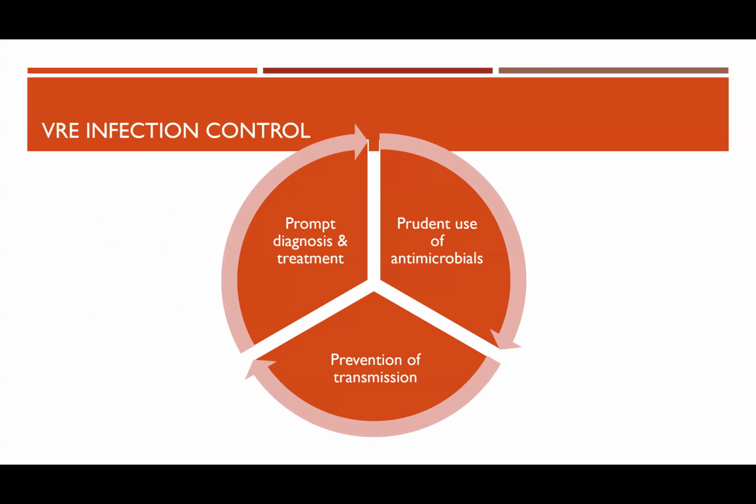In terms of VRE infection control, prevention of infection, as with any multi-drug resistant organism, requires a multifaceted approach, which would include general infection prevention, like optimal management of vascular and urinary catheters, accurate and prompt diagnosis and treatment of infection, and also the prudent use of antimicrobials, together with the prevention of ongoing or onward transmission.